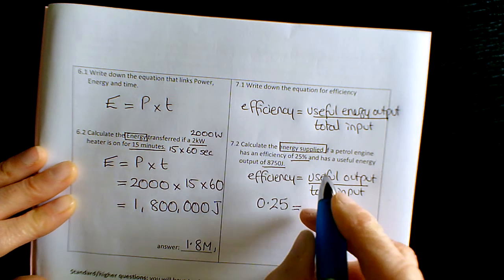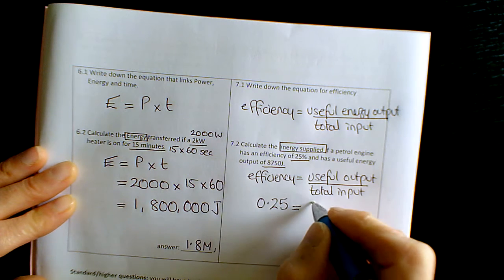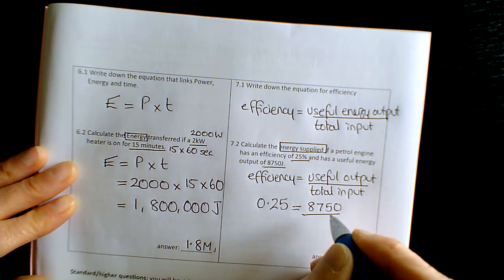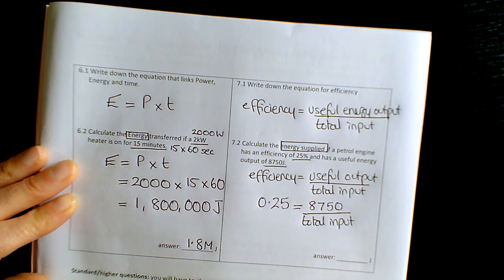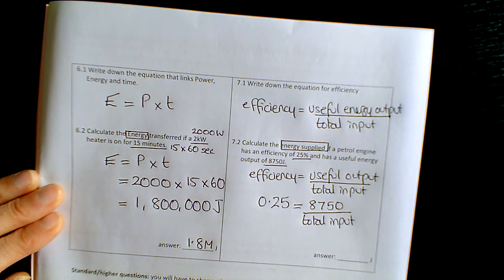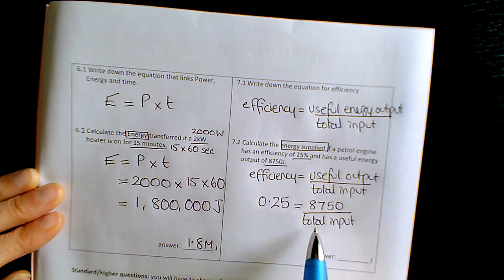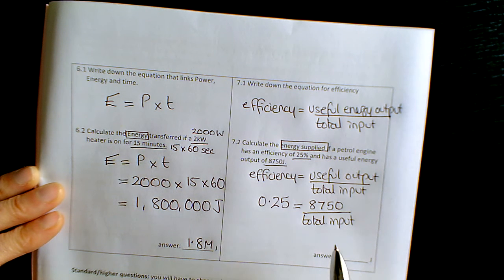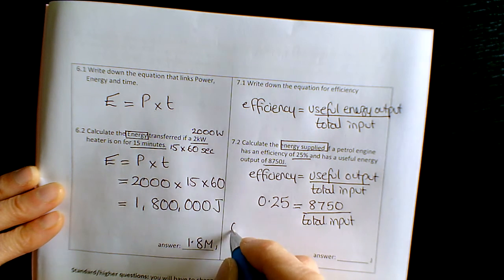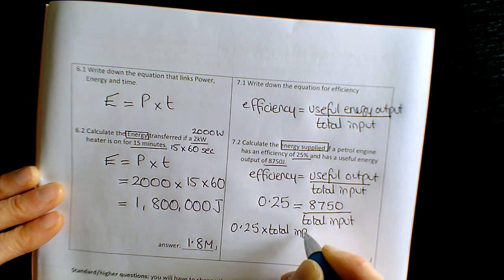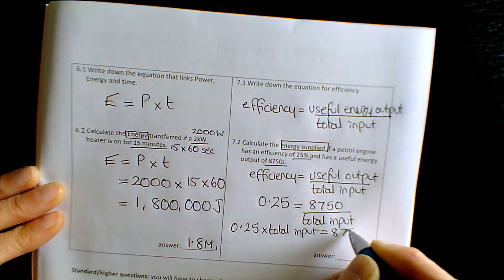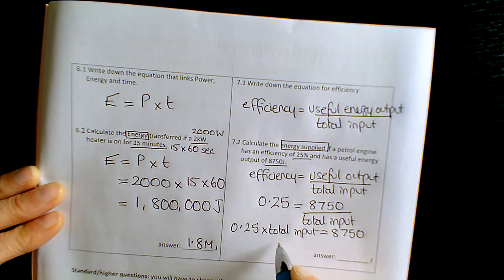So to do it in 2 steps, you can multiply both sides by the total input. So you would write 0.25 times the total input equals 8750, and then you can see to work out the total input, or the energy supplied, you would do 8750 divided by 0.25, and that gives you an answer of 35,000 joules.